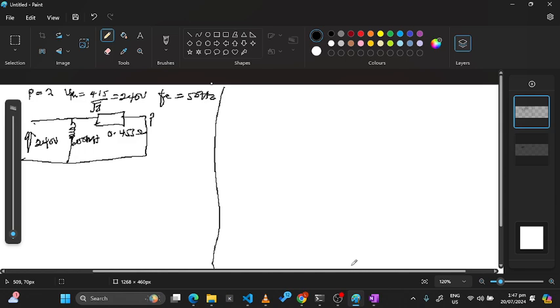We know the rated output, that's the P mechanical or P naught, is equal to (1 minus S) all divided by S, times IR squared times R, right?